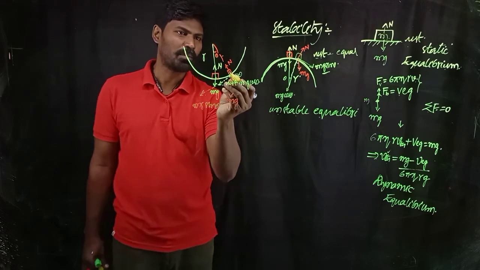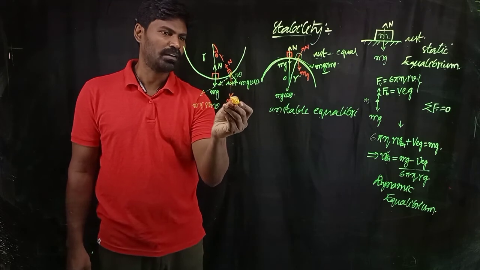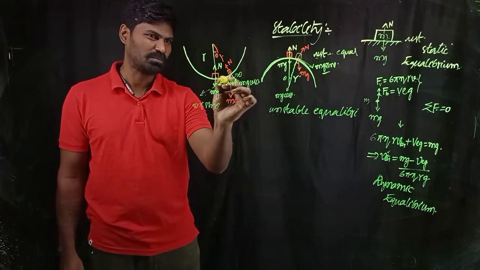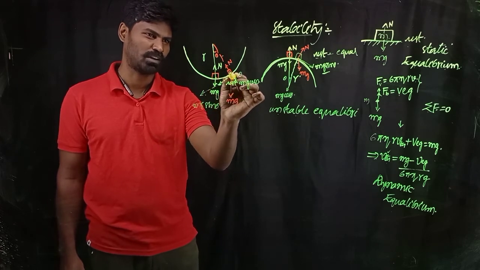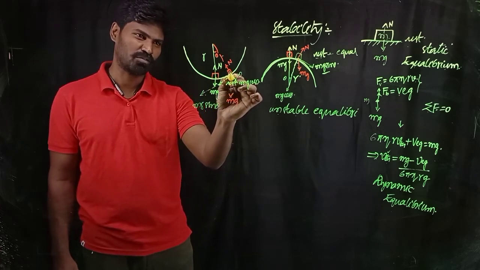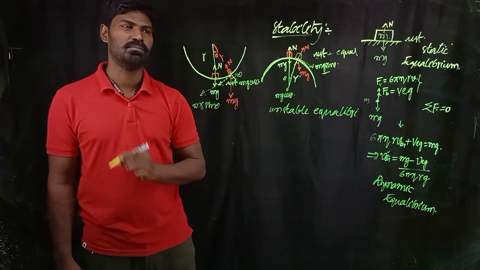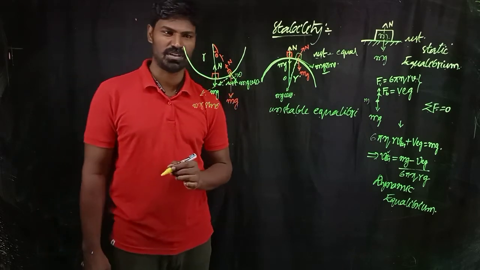Due to this uncompensated component of mg along the tangential direction, mg sin theta, what happens? Though you displace the particle from its mean position, this mg sin theta force will make the body move again towards the mean position, or equilibrium position.